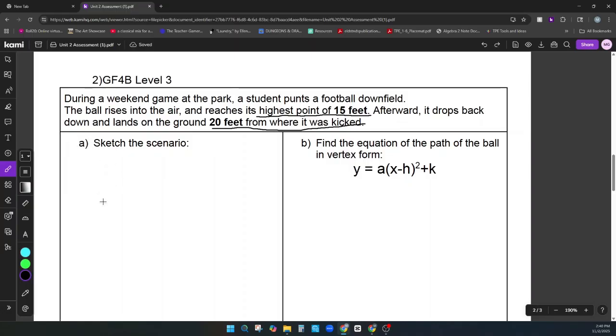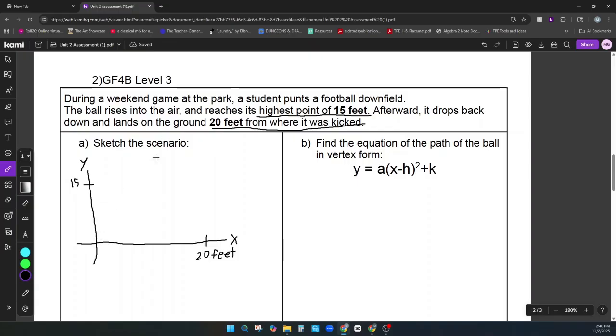My part A says sketch the scenario. I'm going to go ahead and start by drawing my 2 axes, my y-axis and x-axis, and I'm going to fill in the information from my word problem. So the scenario says that I am 15 feet high at my highest point, and I move 20 feet from where I was.